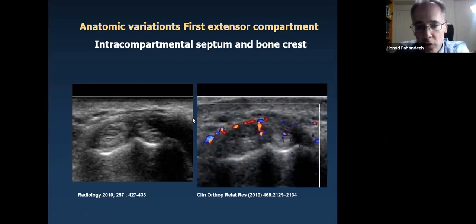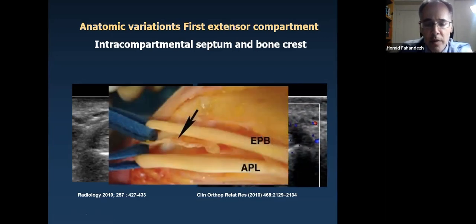And also in Doppler, how we can see this vascularity in the retinaculum and also in the septum, and the correlation with the surgery, where we can find the septum that is really important to release.